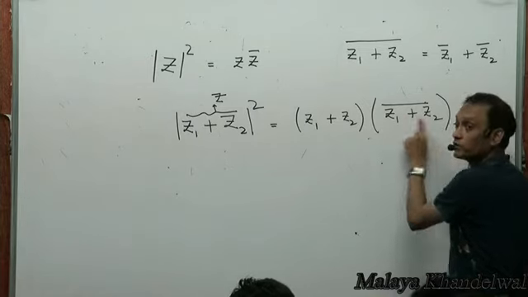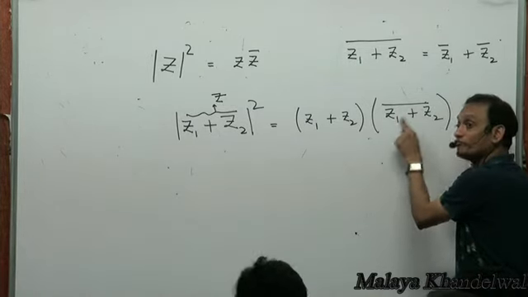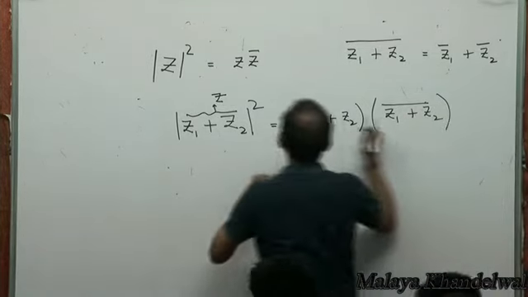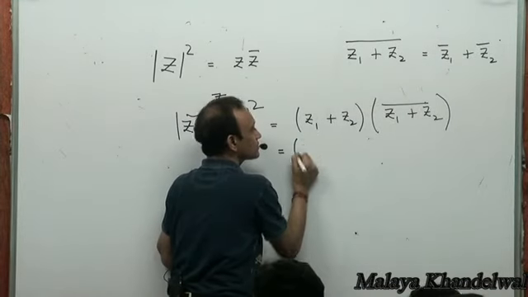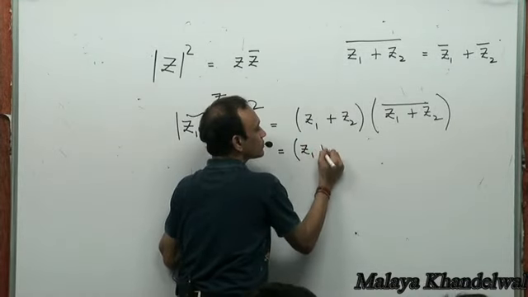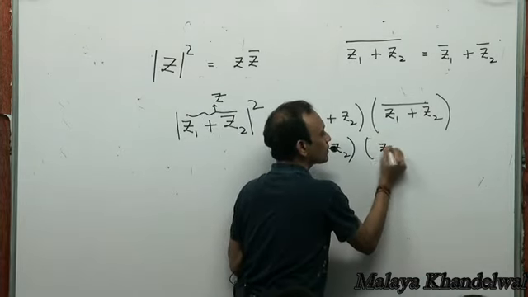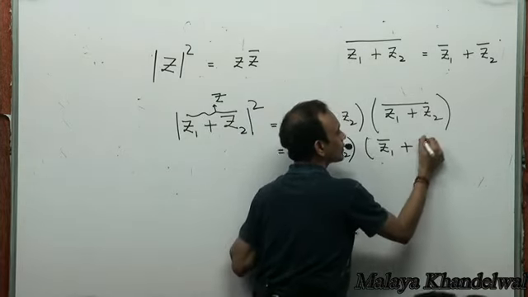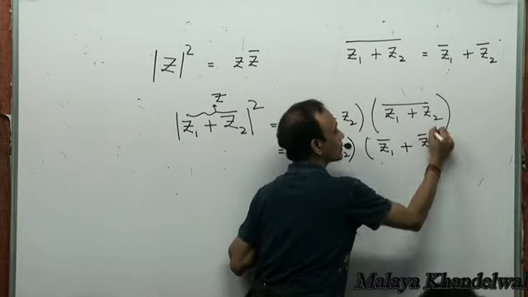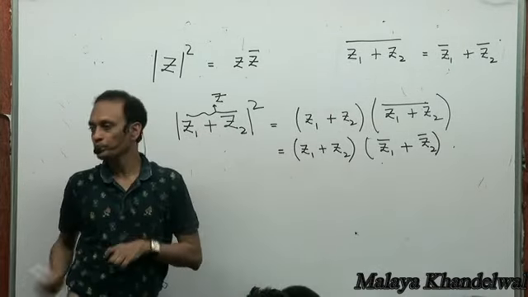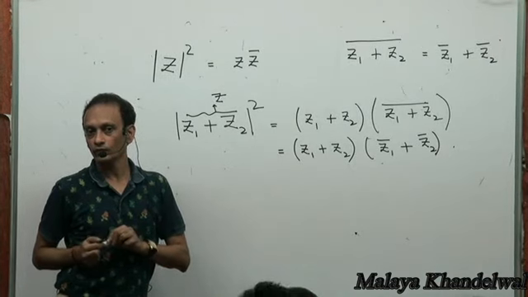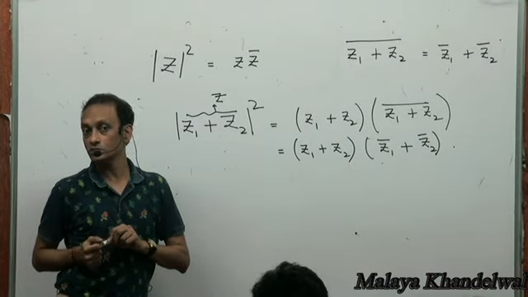Now, bar of the sum would be sum of the bars. Yes or no? All's good?